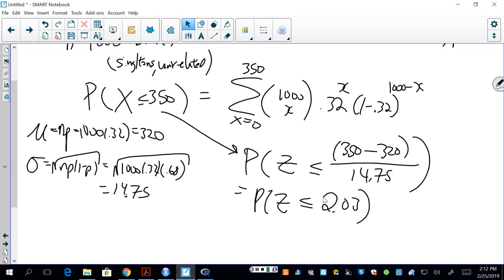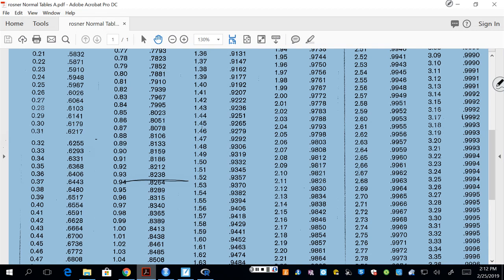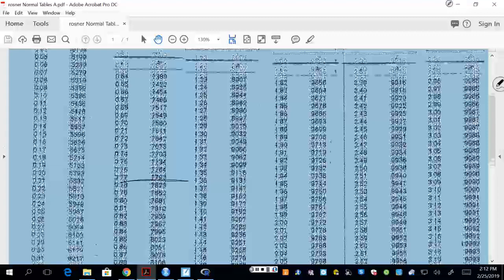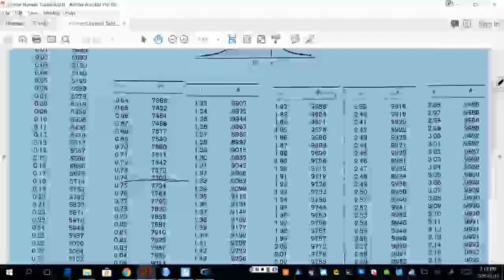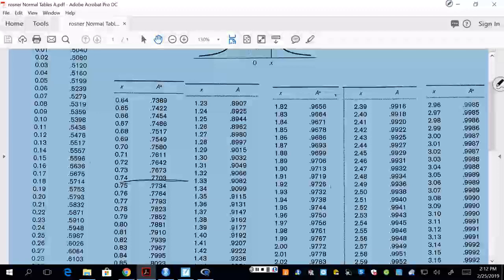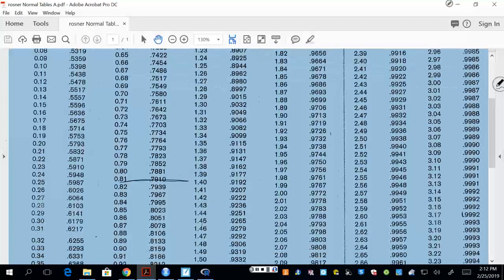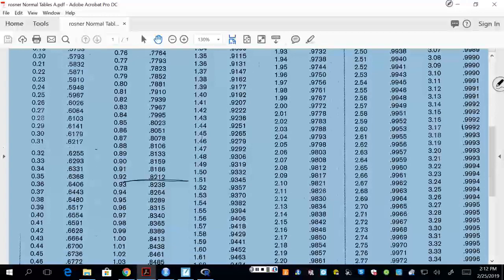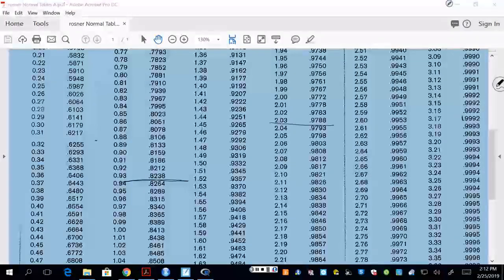That's directly what's in the table. So if we go to our table and find the z value 2.03, right in this column here, 9788, 97.88%.